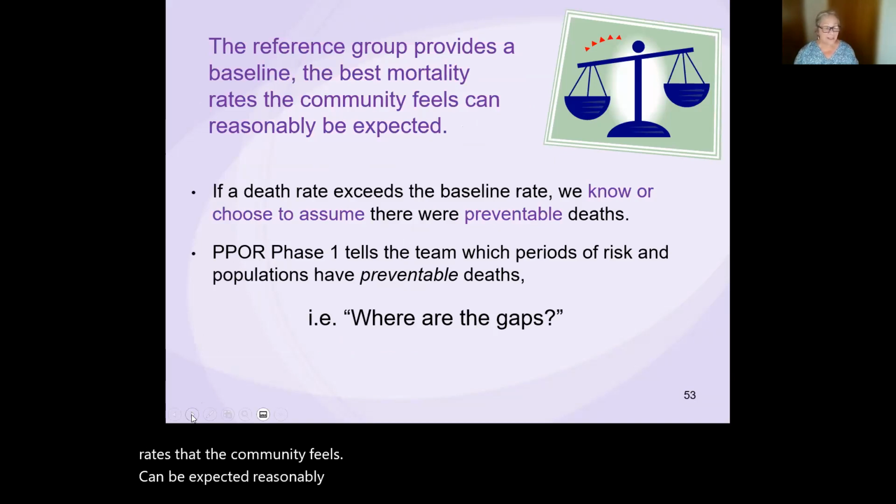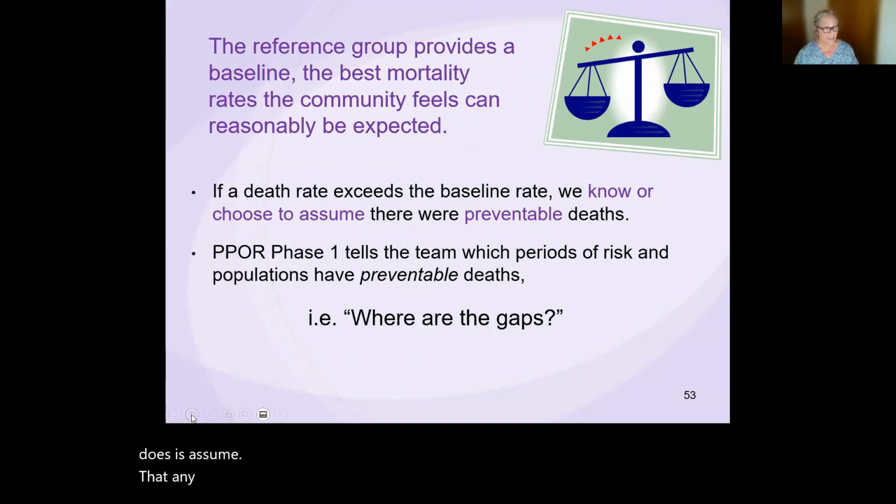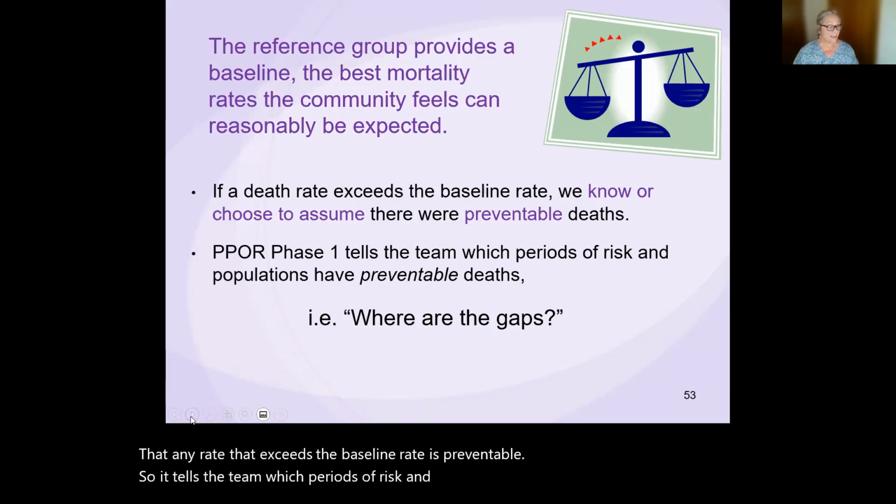And that reasonably is a value judgment. And it's not just about values, it's also about strategies. But what the reference group does is assume that any rate that exceeds the baseline rate is preventable. So it tells the team which periods of risk and populations have the preventable deaths and where the gaps are.